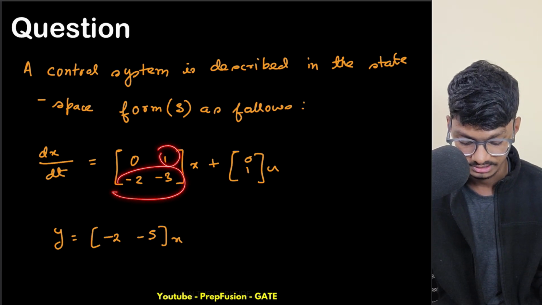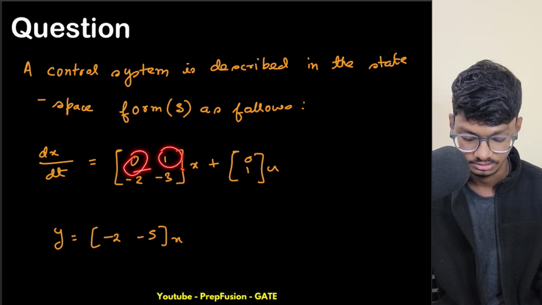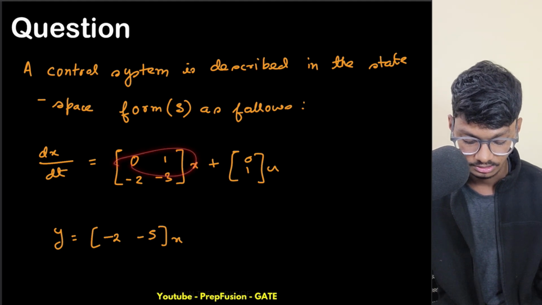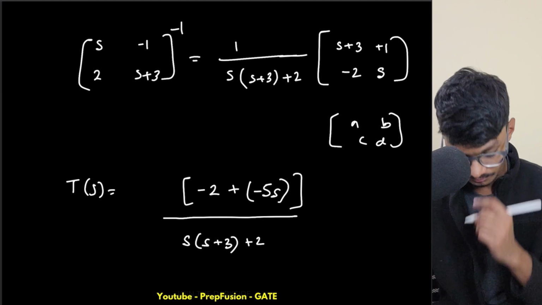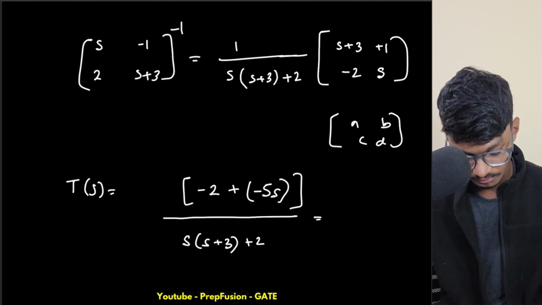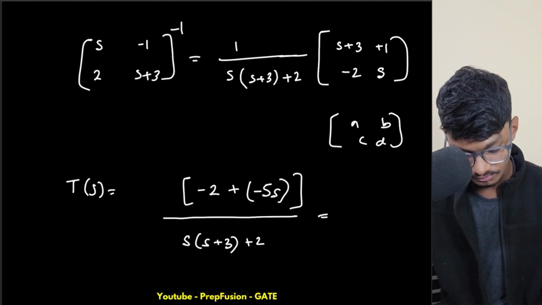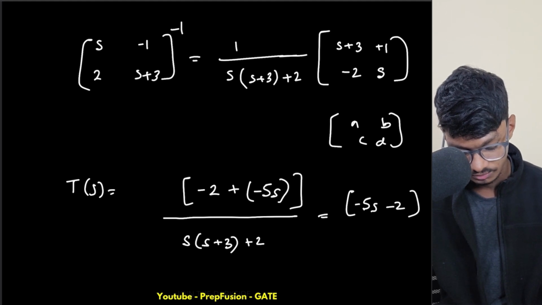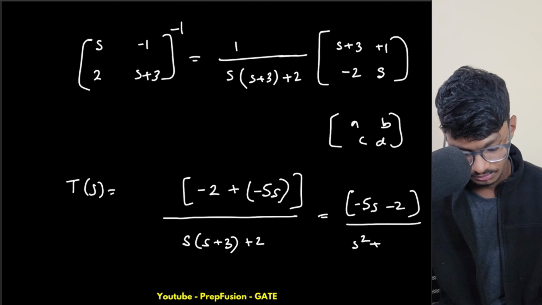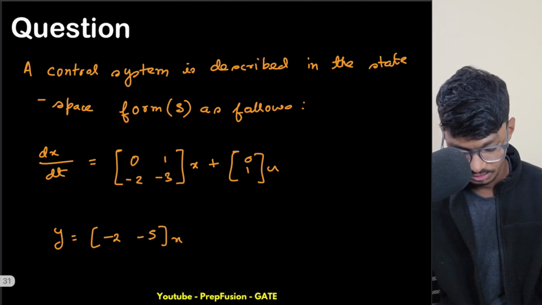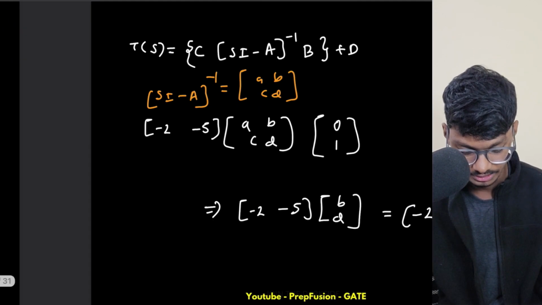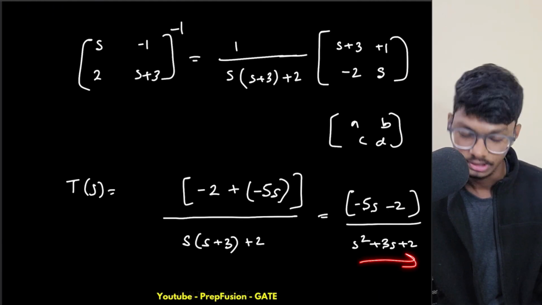If your format is 0 1, then minus 2 minus 3, you can start again like this. If I write it correctly, this will be minus 5s minus 2 over 3s plus 2. Now this will change its sign in this direction.